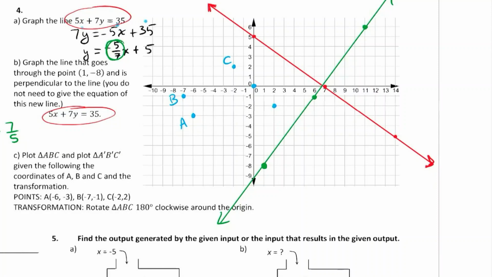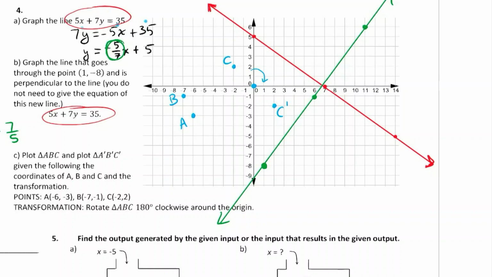Before it was at -2, 2. Now they just took the opposite side. So this is C prime. What's happened is this point is going to rotate 180 degrees around the origin, and it's going to land there.